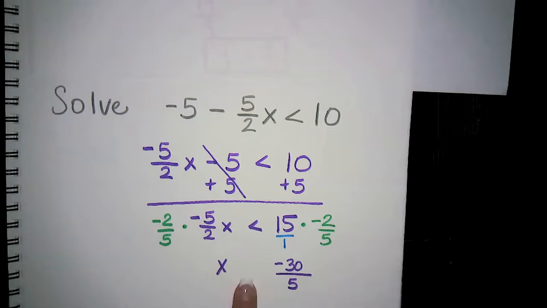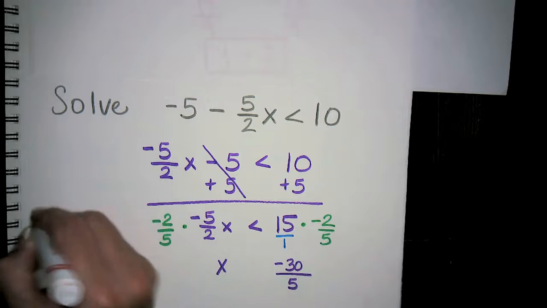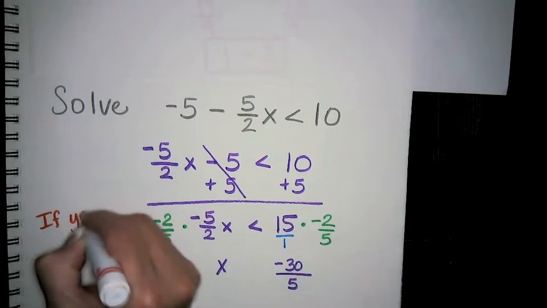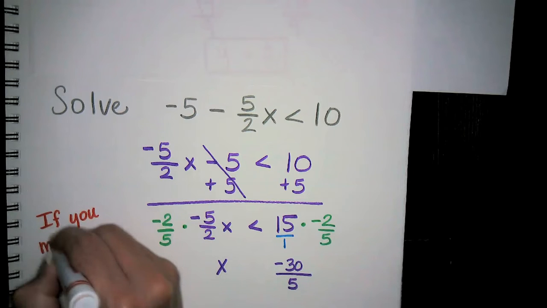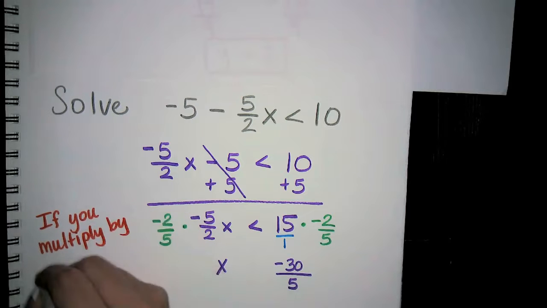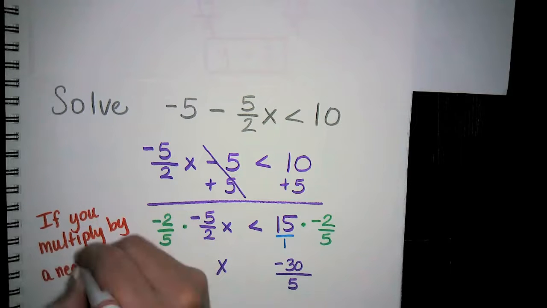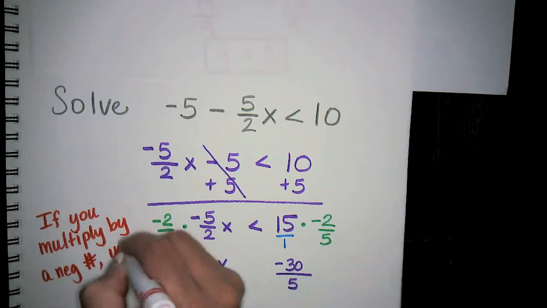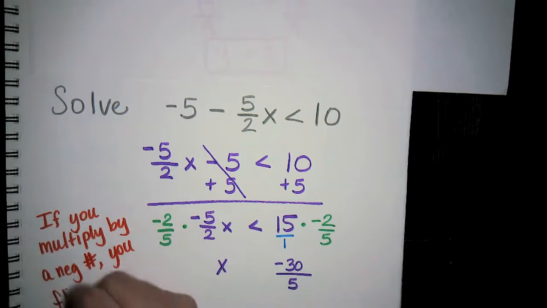But friends, I've left this blank intentionally. I've left it blank because I want you to notice we multiplied by a negative number on both sides of the inequality. And there is a cardinal rule with inequalities. If you multiply or divide by a negative number, you flip the inequality.